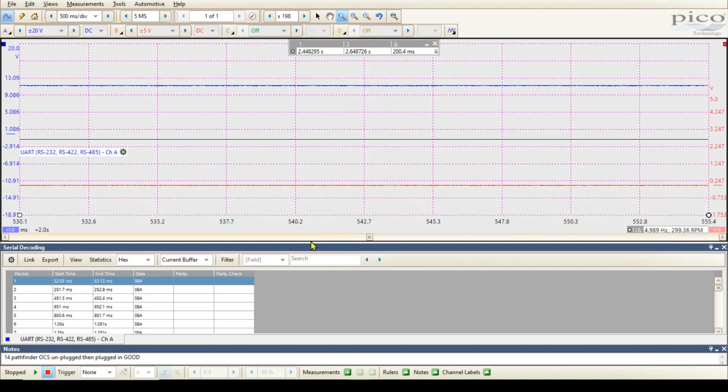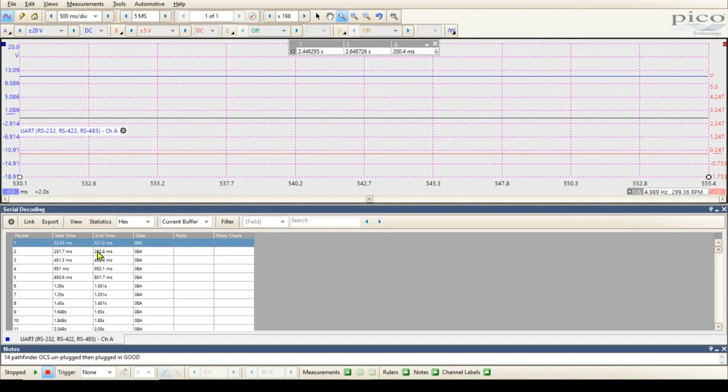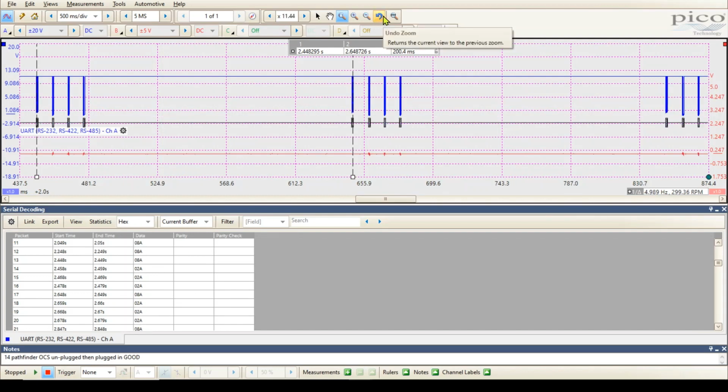So if I look down here in this area, you get an 08 and then a couple of 02s and then another 08 and then three 02s and another 08, so on and so forth. I guess that's the only information that it sends.